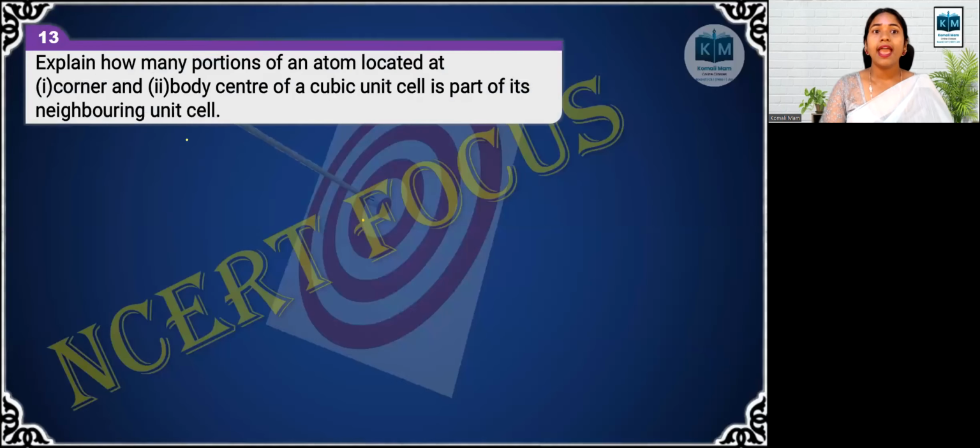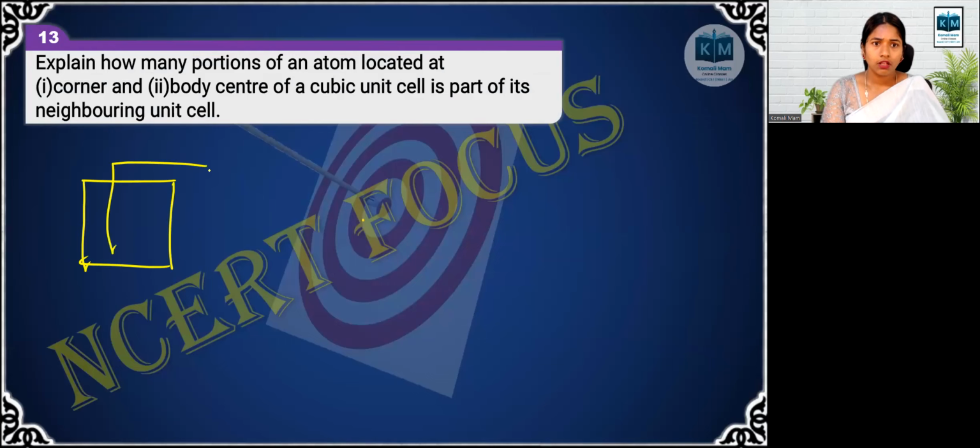See the next one. Explain what portion of an atom is located at a corner. Suppose this is a cube; an atom at this corner is shared with 8 other unit cells.